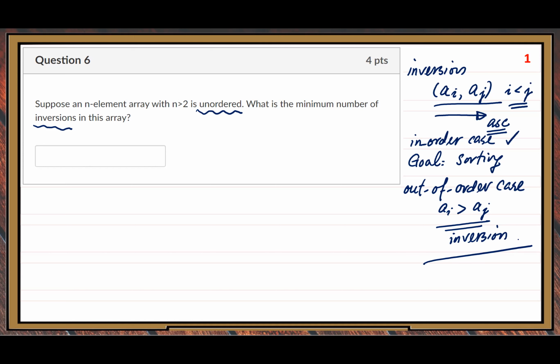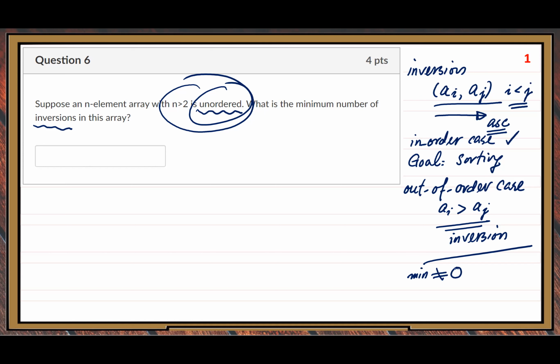So from the given question, we need to find the minimum number of inversions in the array if the array has the condition n greater than 2 and is unordered. First, this unordered condition is useful. It tells us the minimum number cannot be 0.